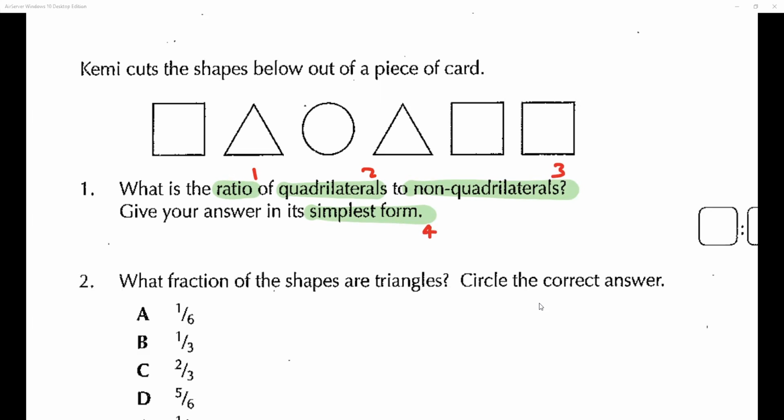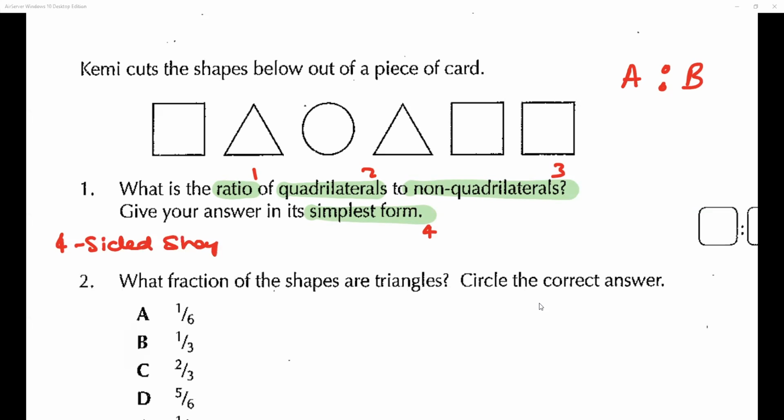So Hamza, what does the word ratio mean? I don't know how to explain it. Is it like that? Yes. So something ratio something. Okay, now, what's it mean by quadrilateral? Like a 4-sided shape. Fantastic.